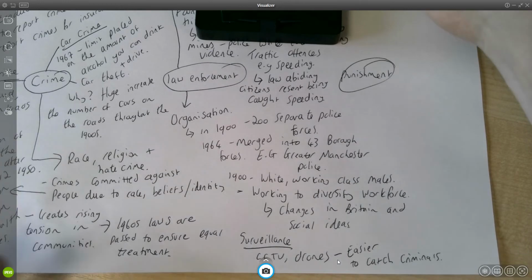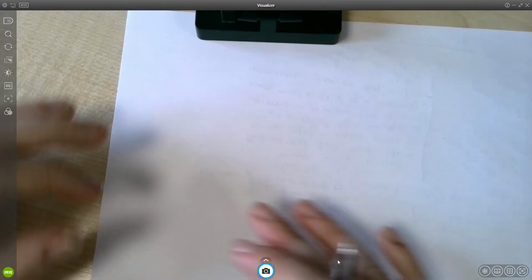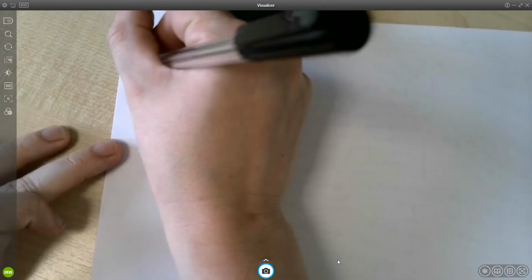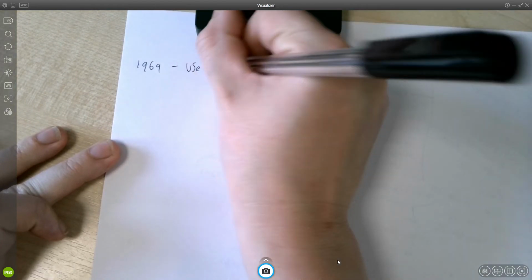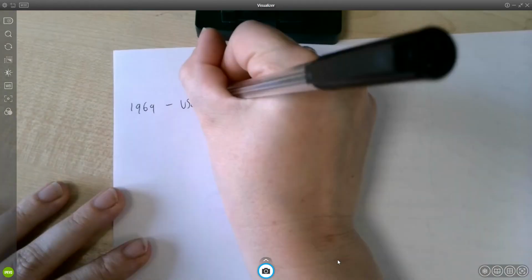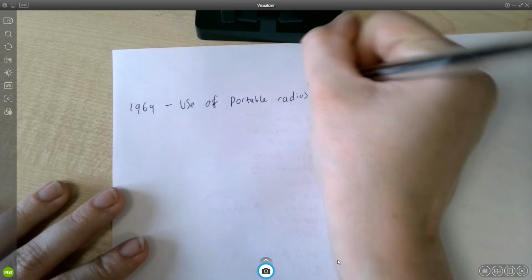I'm just going to turn over because I want to leave this other space for punishment. So a little bit more that happens in law enforcement. In 1969, use of portable radios. This makes communication much easier.